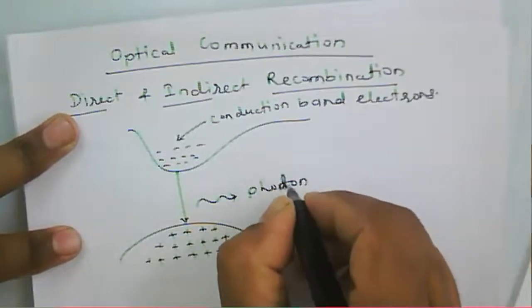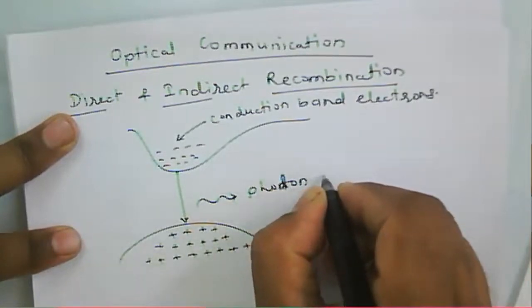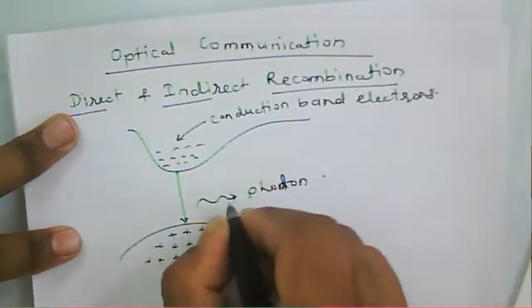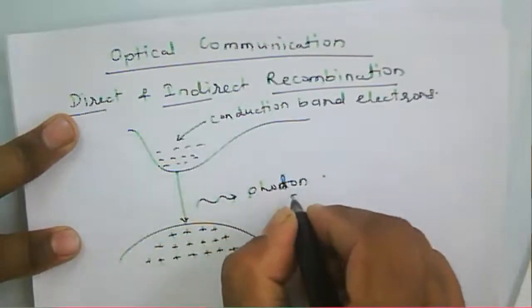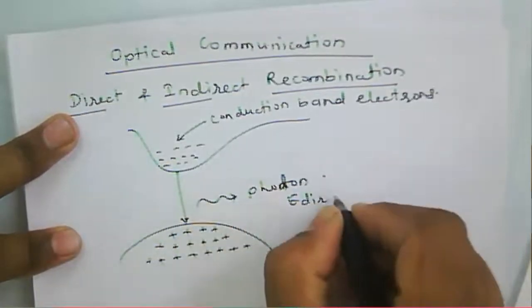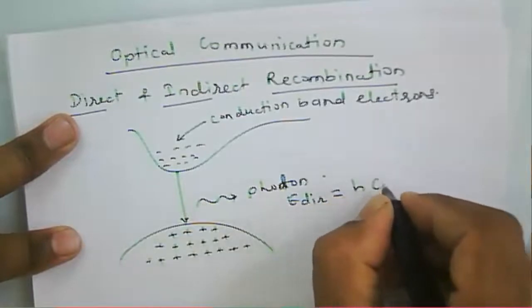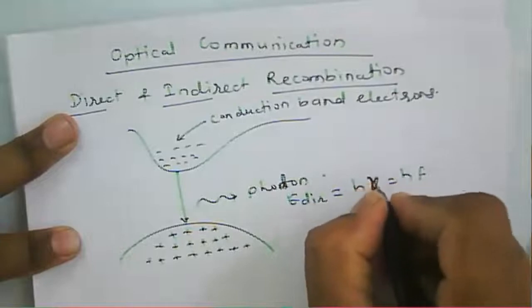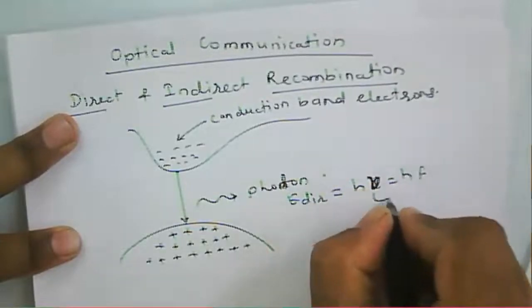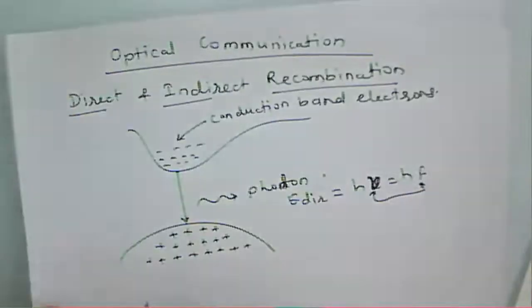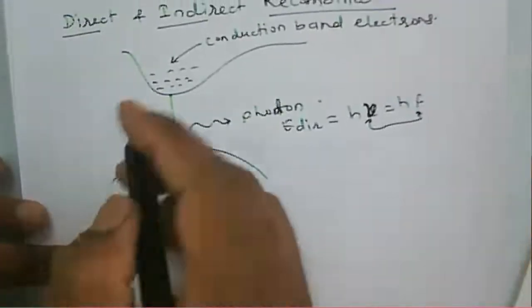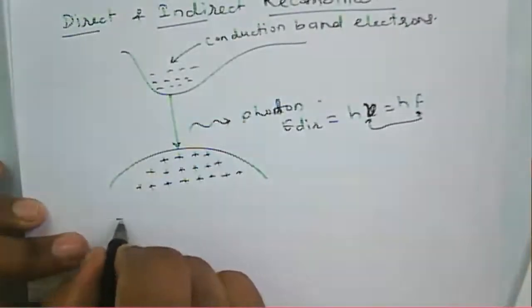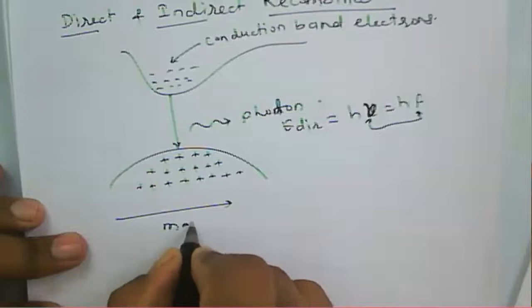And that photon of energy, because it is about a direct recombination, we'll get a photon of energy E direct equal to hc, or some books write hv or hf. V is nothing but the frequency. Now that is about a direct band gap, and here this one is a momentum.